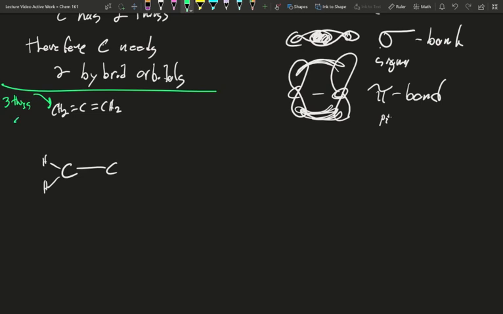So it needs sp2, one s and two p's. It is sp2 hybridized. With sp2, we have three things, all of them atoms. This is trigonal planar. It's going to be 120 degrees. It has a hybrid orbital reaching out towards this hydrogen, overlapping the hydrogen's s. It has a hybrid orbital reaching out towards that hydrogen, and it has a hybrid orbital reaching out towards this carbon, which has its own hybrid orbital.